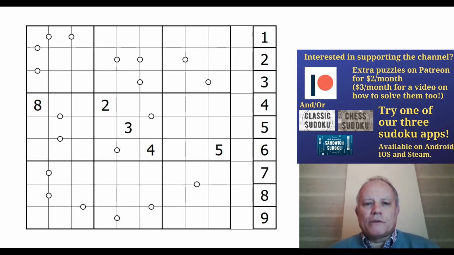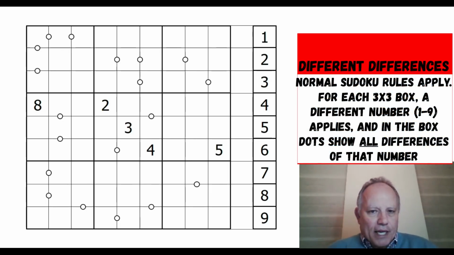Right, on to today's puzzle. Different differences. The rule set is that each of the 3x3 boxes has white cells representing a different difference. This is a normal 9x9 Sudoku, but I've put the numbers from 1 to 9 on the side of the puzzle so we can tick them off when we've identified which box is using a different difference. The rules within each box are that all of the differences of that number in that box are marked. So you can't expect any differences between boxes.